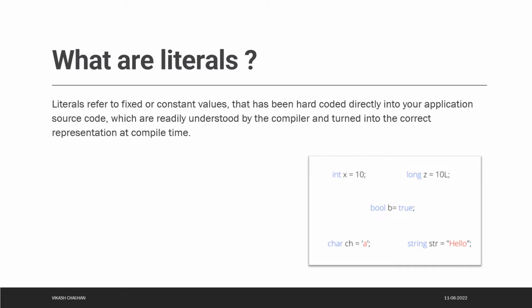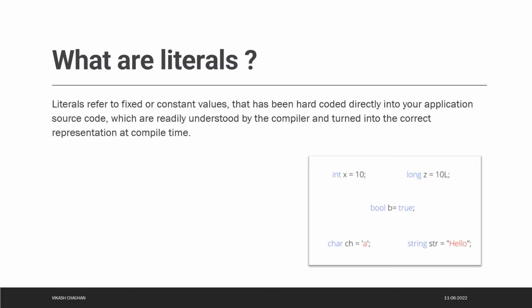And the literals are divided into multiple categories like binary literals, octal literals, hexadecimal literals, number literals, character, boolean, and string literals, as given in the screenshot. In the screenshot I have shown you some literal types: long, integer, boolean, character, and string type.